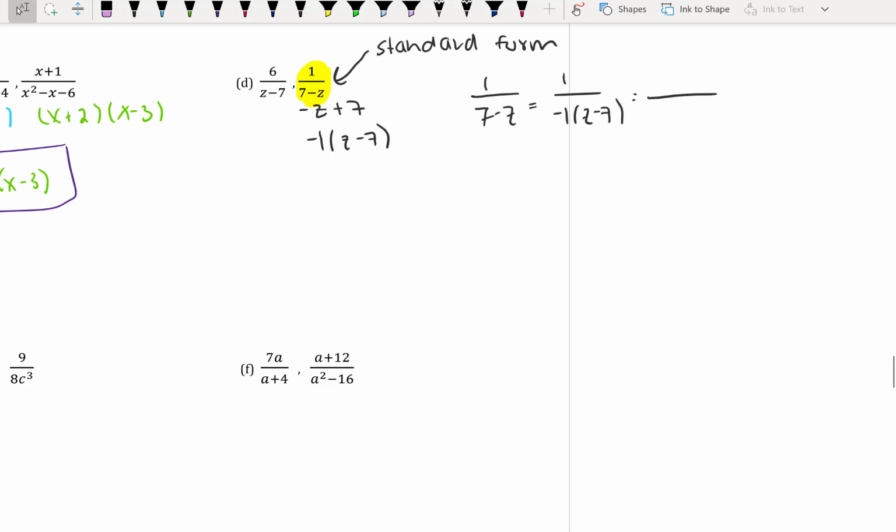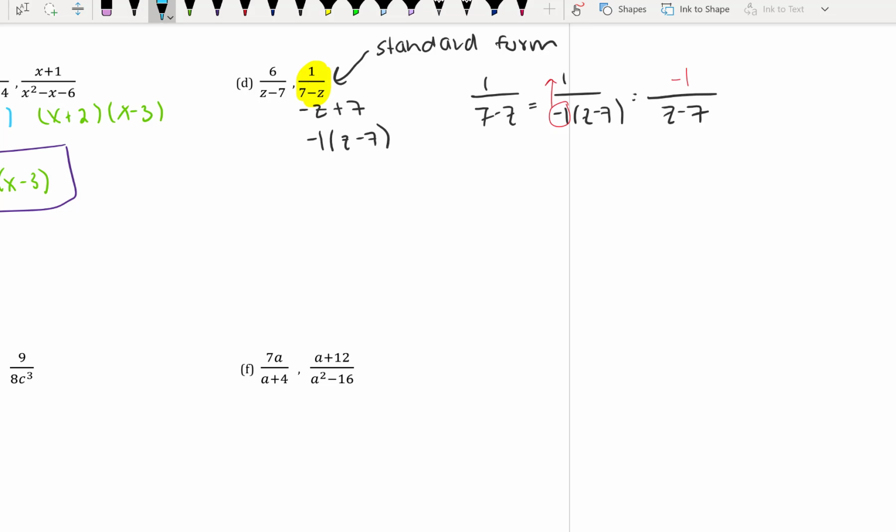But the really cool and interesting thing about this is that since it's a negative 1, it doesn't matter where the negative is. It just means the entire fraction is negative. So I can actually move it up to the top as a negative 1, and so I still have my z minus 7 on the bottom.